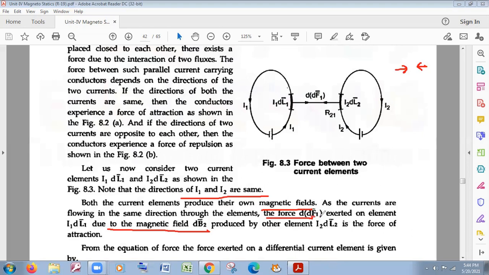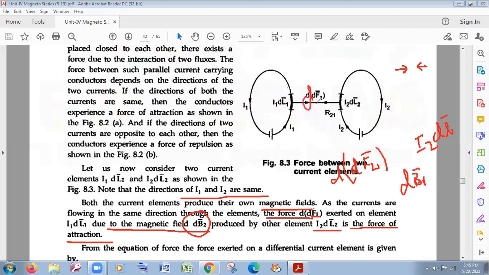So dF1 is exerted on the element I1 dL1 bar due to the magnetic field dB2 bar of the second conductor, produced by the element I2 dL2 bar, and it is a force of attraction. Suppose dF2 bar is the force exerted on the element I2 dL2 bar due to the magnetic field dB1 bar.